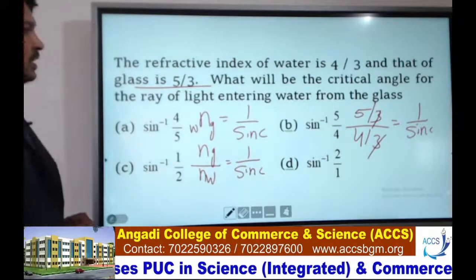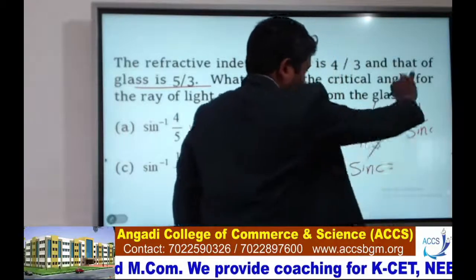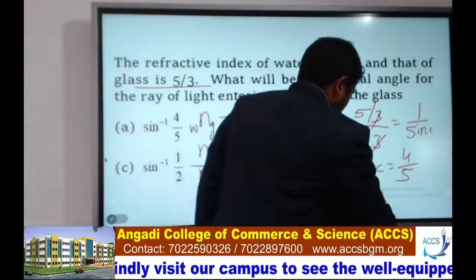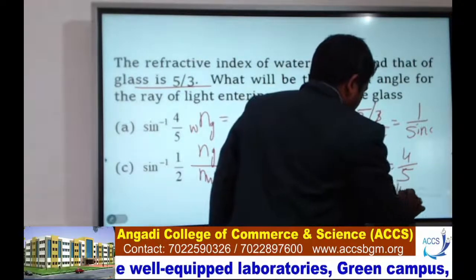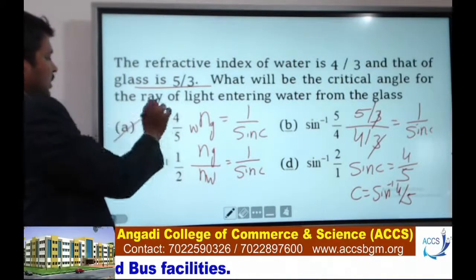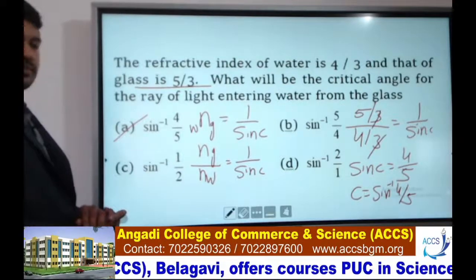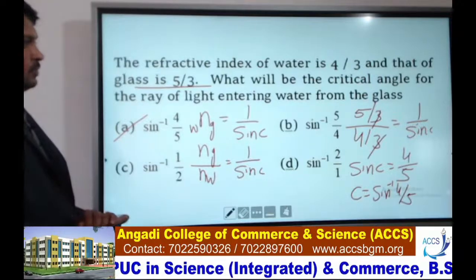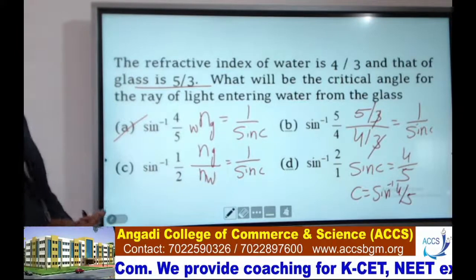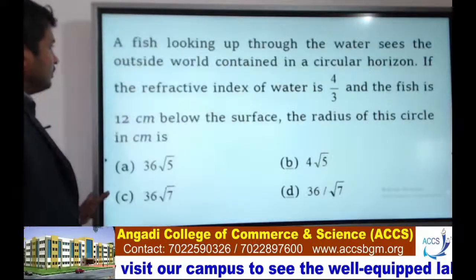Now sin C equals 4 by 5. Now C equals sin inverse of 4 by 5. What is the option, students? Here option A is the right answer. Okay, I hope you are clear on this one. We'll move to the next one.